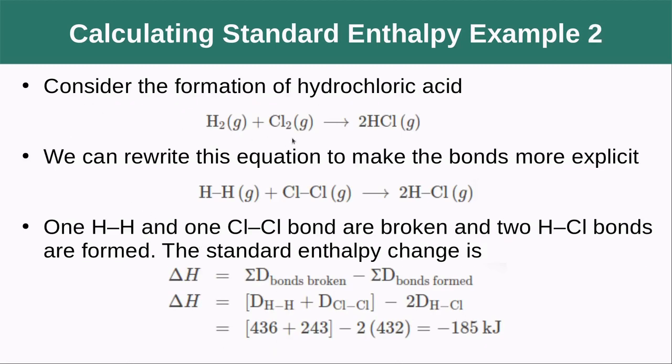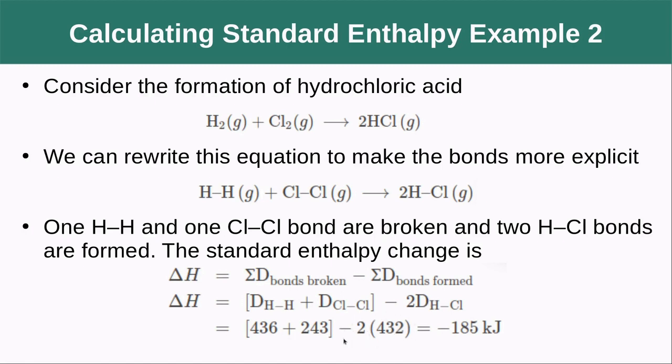We can consider the formation of hydrochloric acid. Here we've broken an H-H bond and a Cl-Cl bond, and we formed two H-Cl bonds. Our bonds broken are going to be the energies of the H-H and the Cl-Cl bond. We're going to subtract out from that the energy in the H-Cl bond.